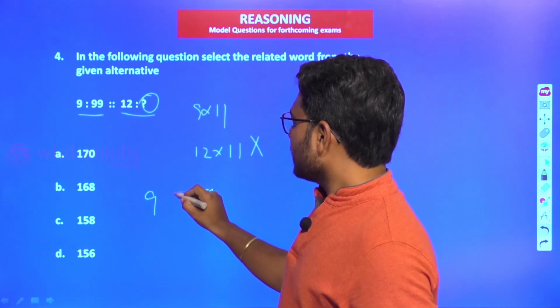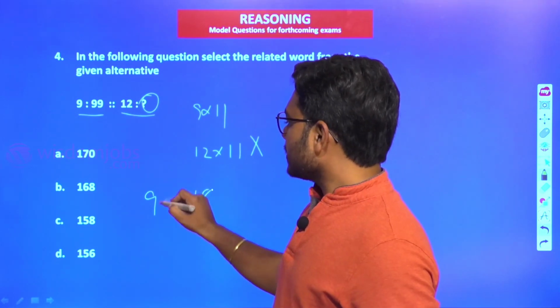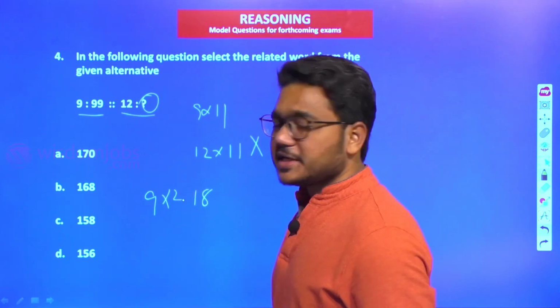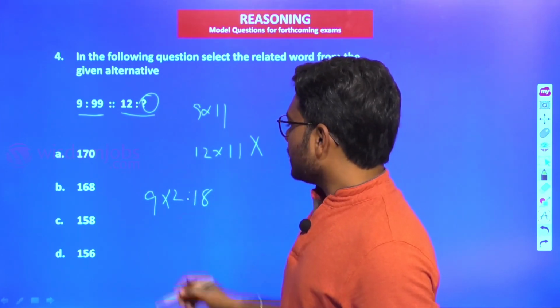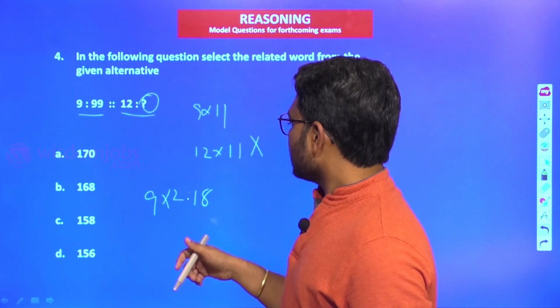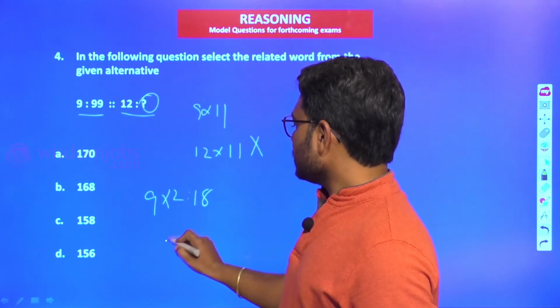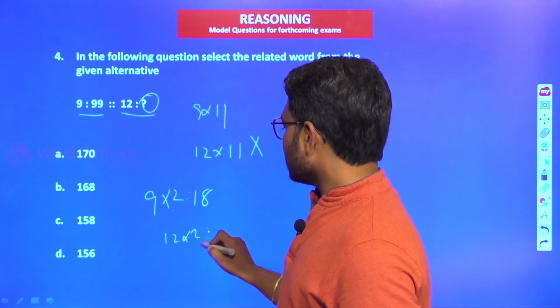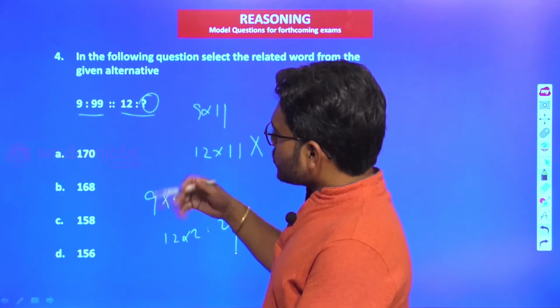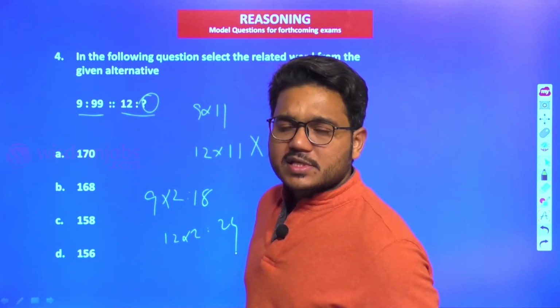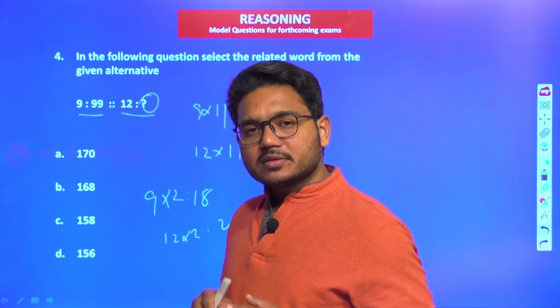So 9 times 2 is 18. Let us check if you get that answer. 12 into 2, if you follow that, you should get 24. Have you got that option here? No. So likewise, immediately after saying this, you may not reach the direct answer.